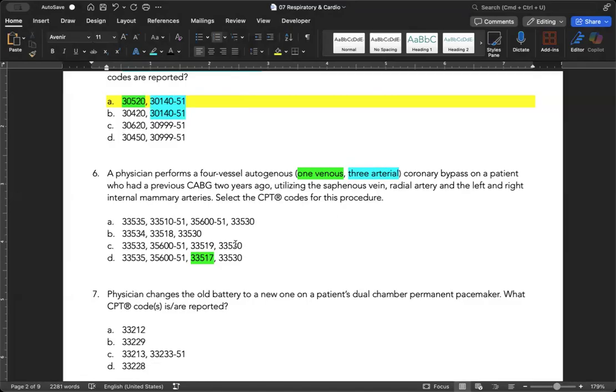Because again, the 33517 is the vein component only of the combined arterial and venous. So if we go back in our index to CABG, or the coronary artery bypass graft, then you'll go to the arterial bypass. And then that sends us to 33533 through 33536.